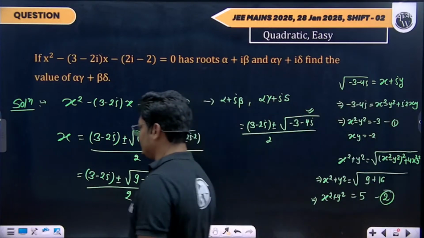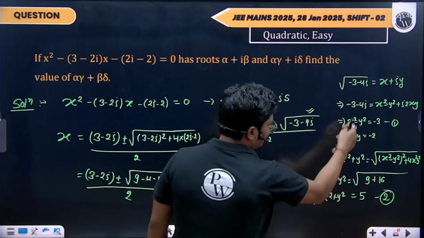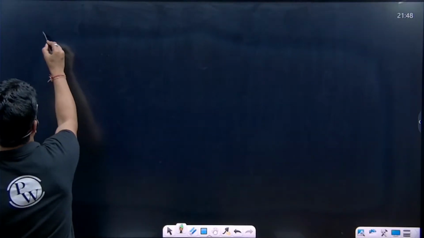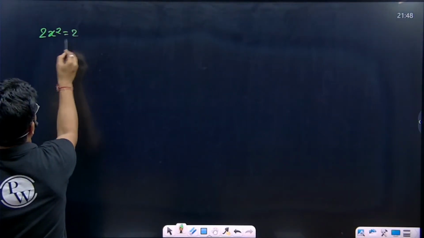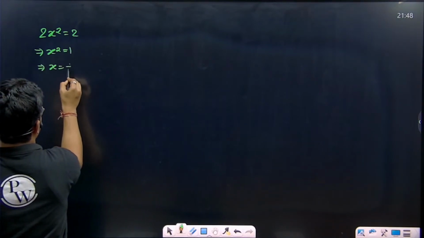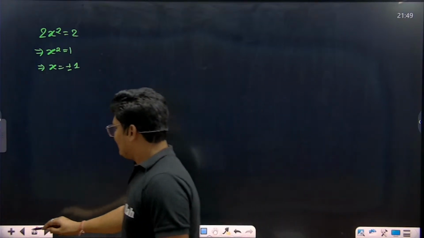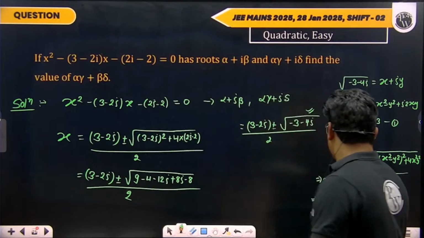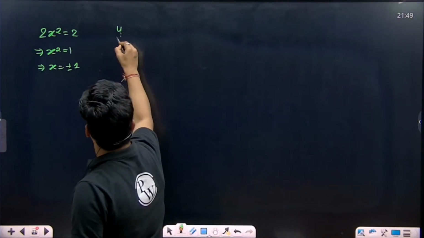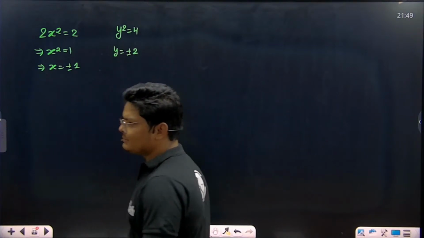After solving these two equations, we will get the value of x and y. By adding these equations, we get 2x square equals 2, so x square is 1, so x is plus minus 1. Now we put x square as 1, so y square will be 4, so y will be plus minus 2.